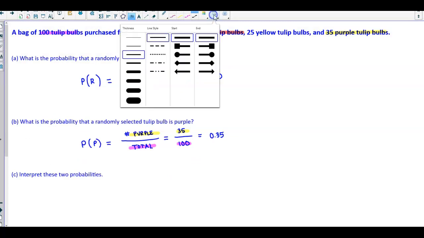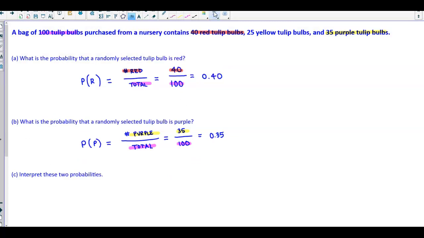First of all, if we want to convert 0.40 to a percent, we multiply by 100%, which gives us 40%. And that 40% is the same thing as 40 out of 100.